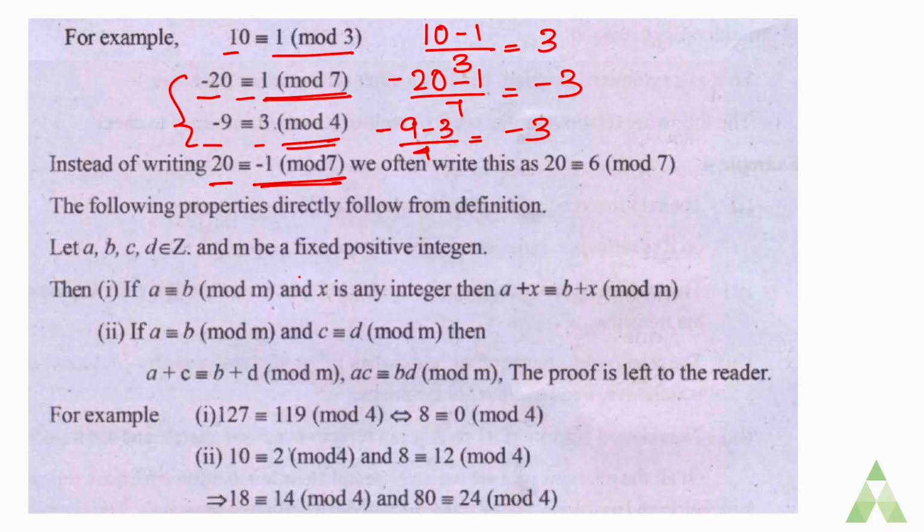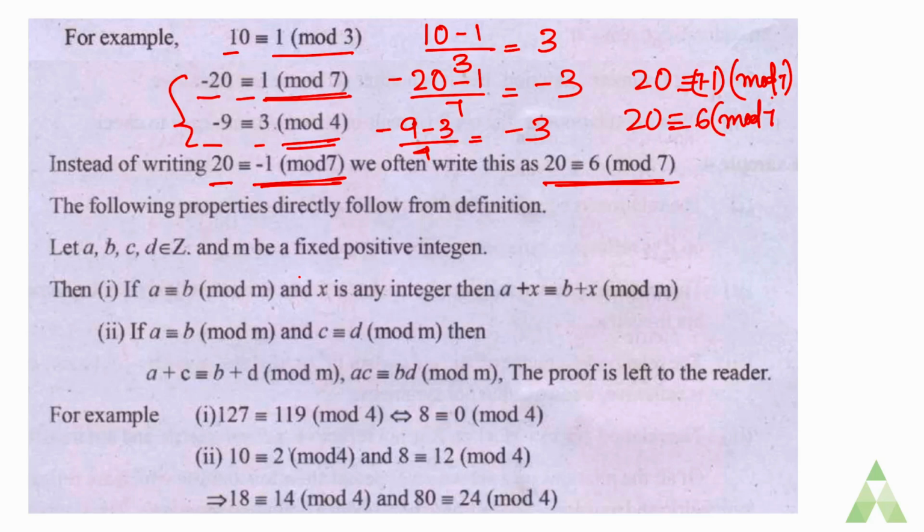We often write this as 20 equivalent to 6 mod 7, so we do a sign change. 20 equals 7 minus 1, then modulo 7. So 20 equivalent to 6 modulo 7.